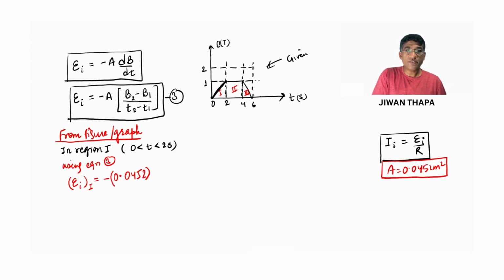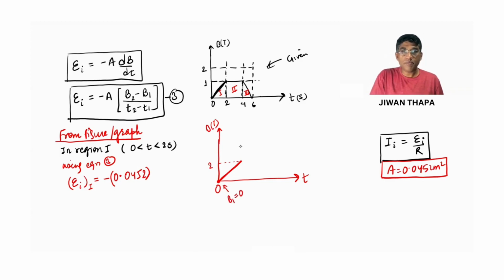Now for the magnetic field, let's see. We are taking this part. So the magnetic field is varying from this point to this point. B1 is 0, and at this point B2 equals 1 Tesla.